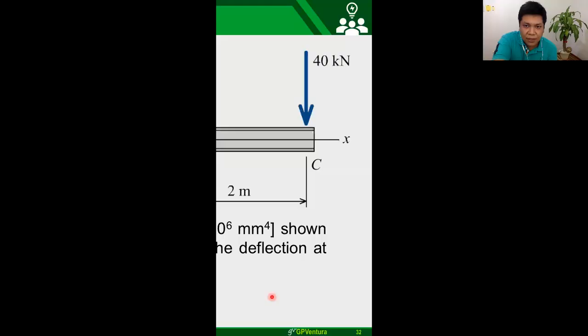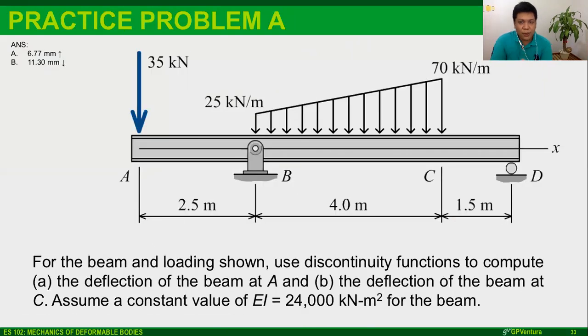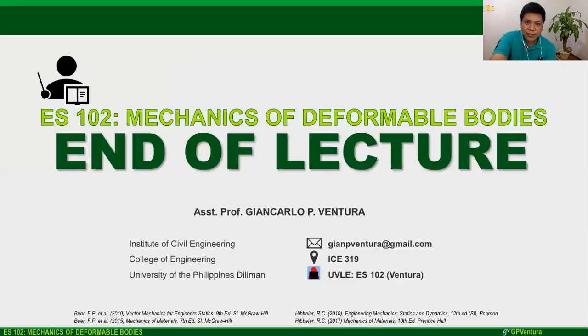Now, just to show you, those are the remaining examples. I have 2 more practice problems. So at home, you can actually try to solve this first practice problem with the given answers already, and this second practice problem.